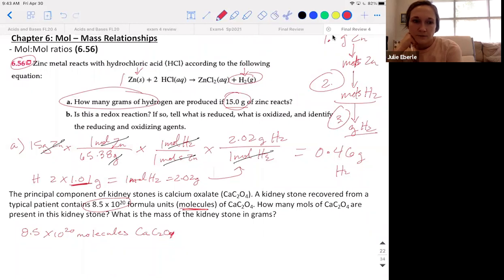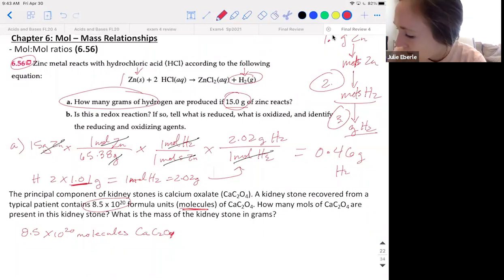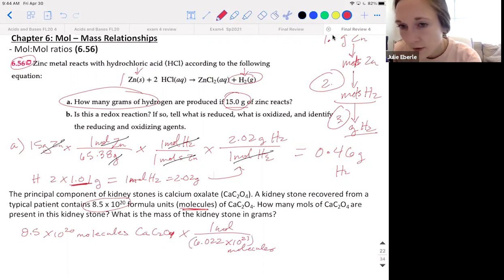Somebody knows. Yes, Avogadro's number. Avogadro's number says there are 6.022 times 10 to the 23rd molecules in 1 mole. Now, please, when you divide by this in your calculator, put that number in parentheses.